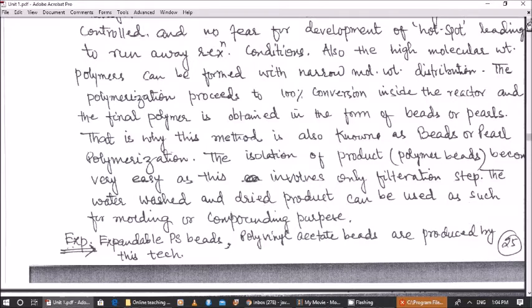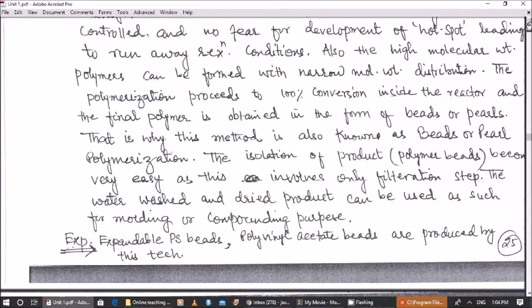By this technique, the polymerization proceeds to 100% conversion inside the reactor, and the final polymer is obtained in the form of tiny beads or pearls. That is why this method is also known as bead or pearl polymerization.